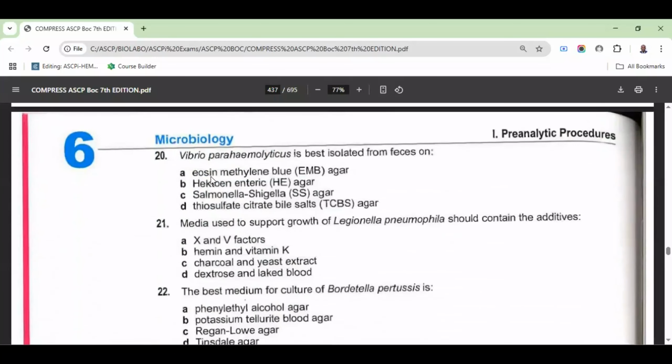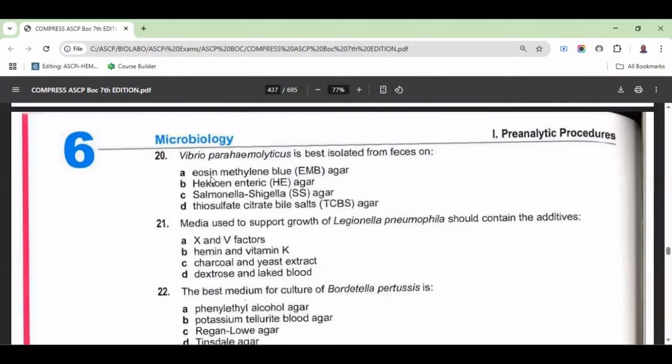Now it is about Vibrio parahaemolyticus, which is best isolated from feces on what? Here I remind you, it is just to confuse you. Vibrio parahaemolyticus doesn't have anything special from other Vibrio, just maybe being hemolytic.